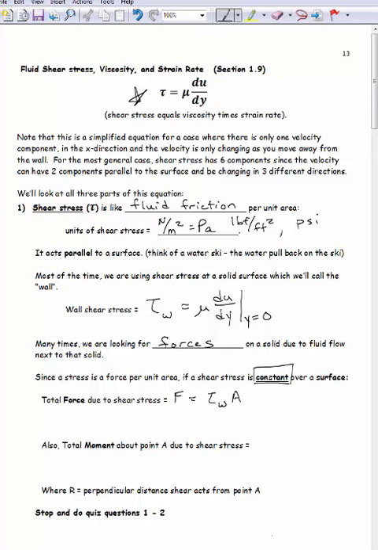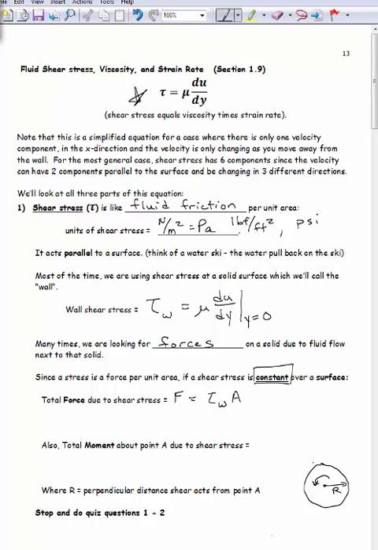Sometimes we're going to also have spinning objects. So let's say we have a cylinder that's coming out of this page, and maybe it has a radius of r, and it's spinning. Okay, so since it's spinning, the wall is spinning, there's going to be a shear stress right next to the wall.